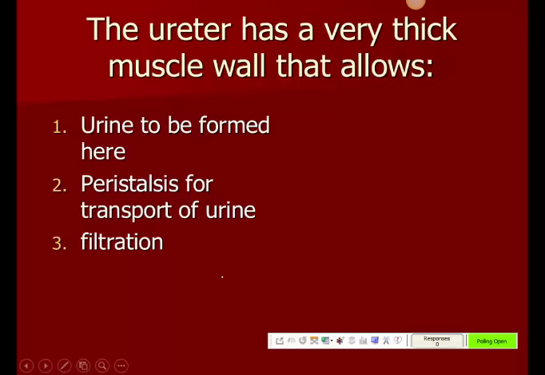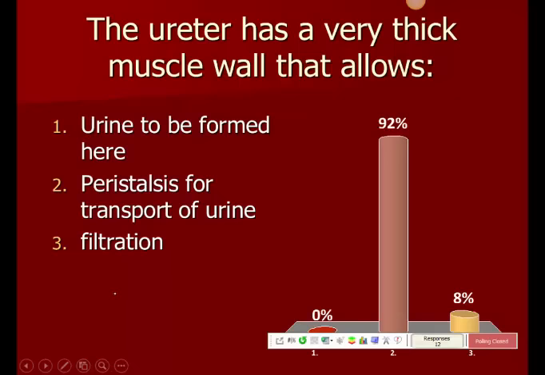What is the thick muscle wall responsible for? Transport of urine, not filtration.